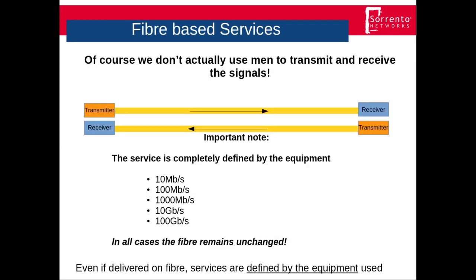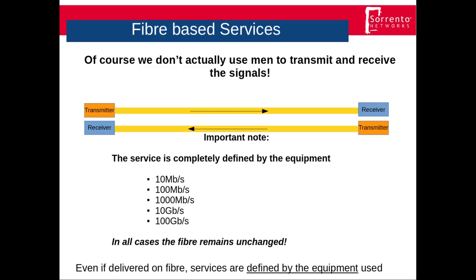Of course, we don't actually use men to send the signals these days. It's all done by electronics. We have a transmitter and a receiver. The transmitter is usually a laser. The receiver is usually a photodiode, and that is what does the signalling, the flashing, if you like, on and off. And the signal that can be sent over that is enormously fast.